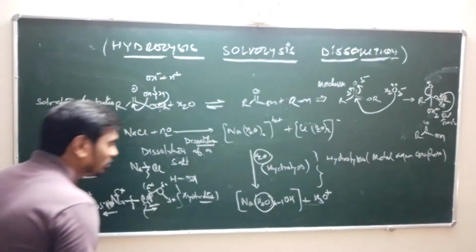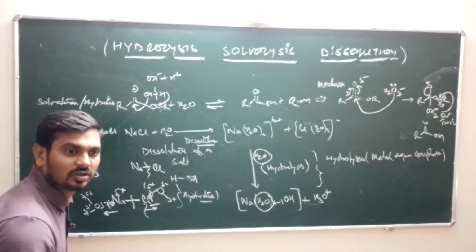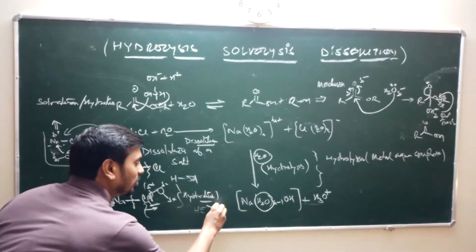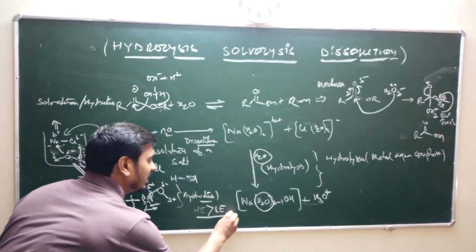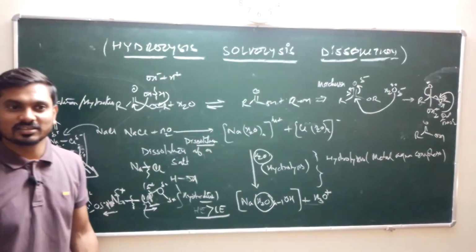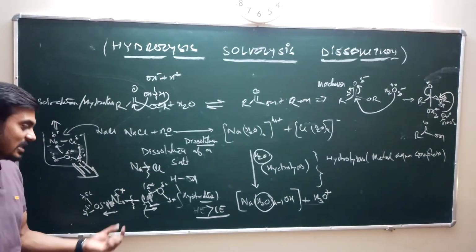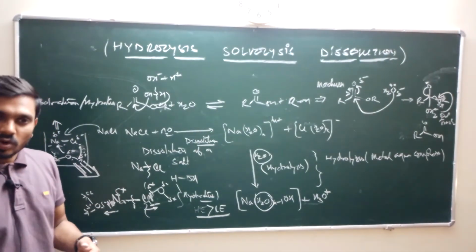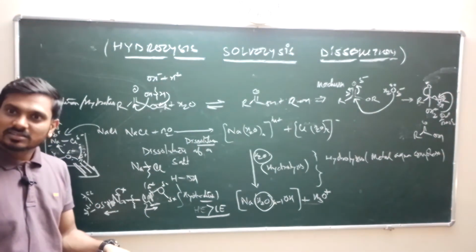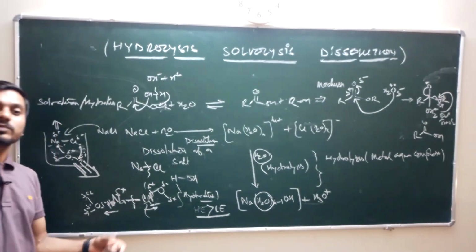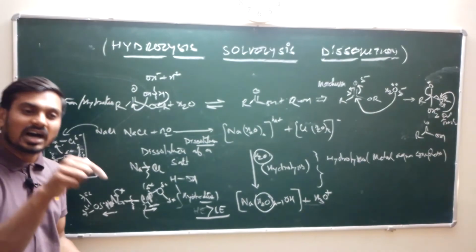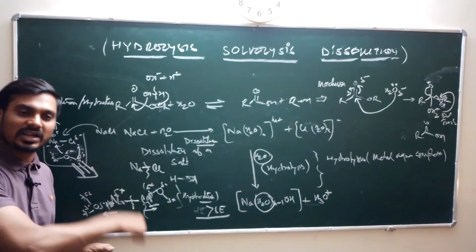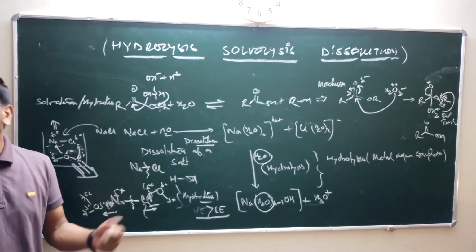And one formula that you often read in normal inorganic chemistry: when hydration energy exceeds lattice energy, then dissolution occurs. Meaning if you are putting NaCl in water, the water will try to hydrate the NaCl molecule like this, and if this hydration energy is higher than the NaCl lattice energy, then this will break down the NaCl and finally we get dissolved.